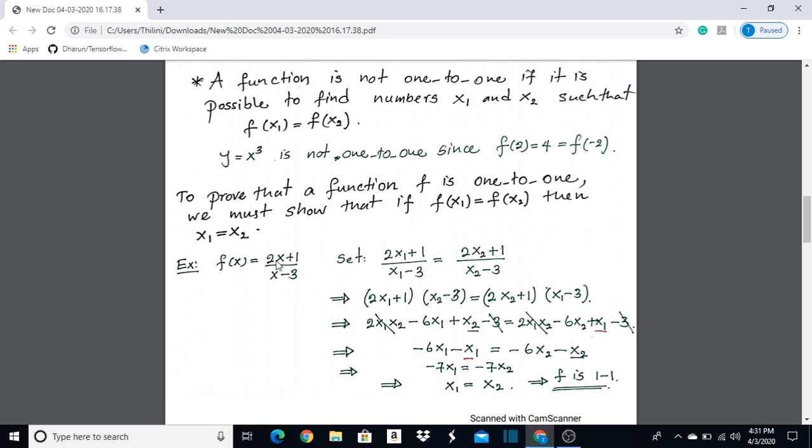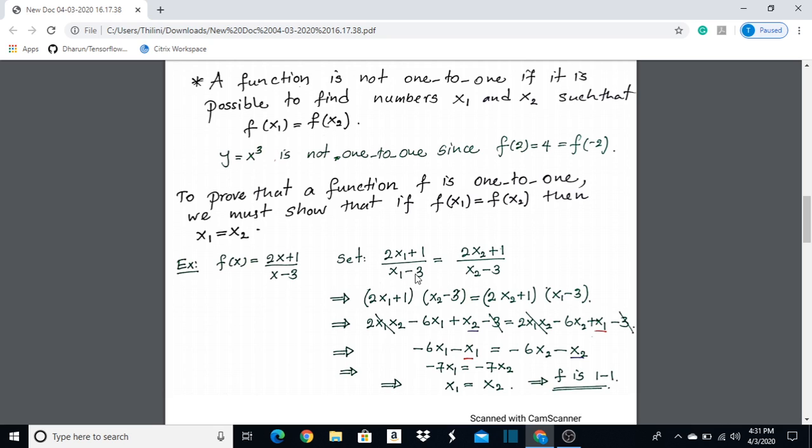So the same function, on one side I'm plugging x1, on the other side I'm plugging x2, and setting them equal. So if I can show somehow x1 equals x2, that means this function is one-to-one. But let's see how this simplification goes.